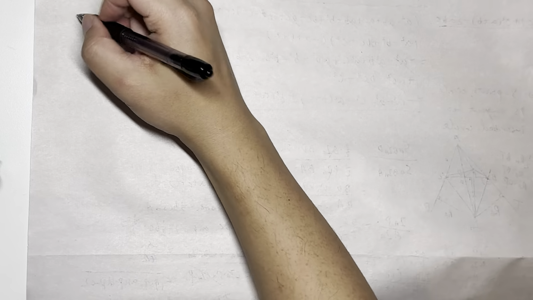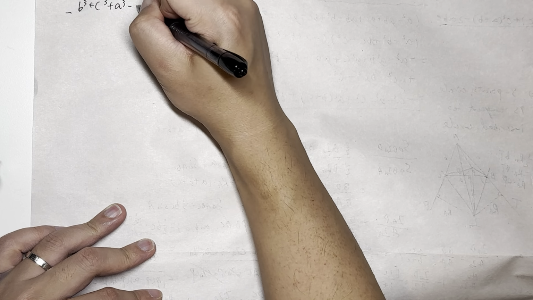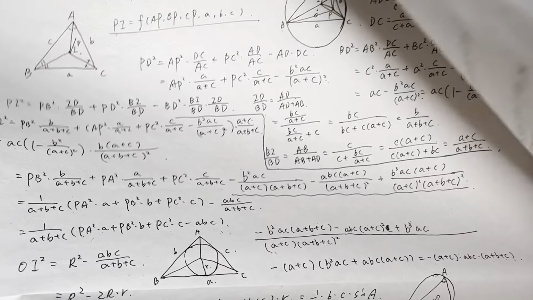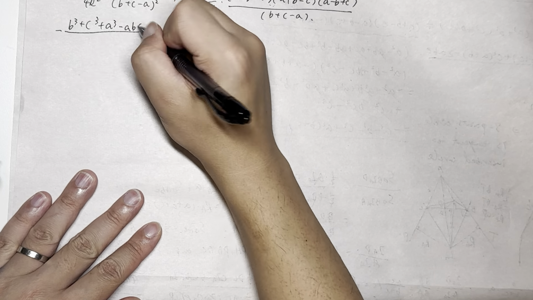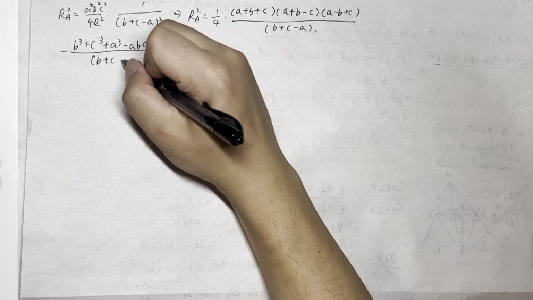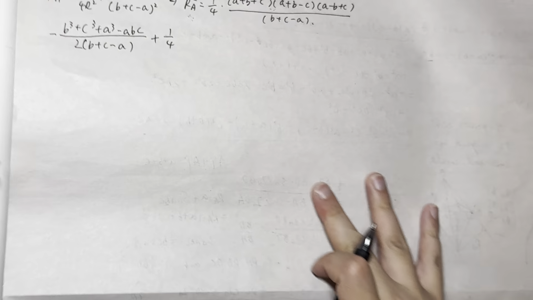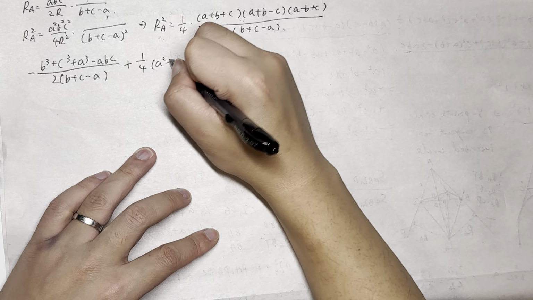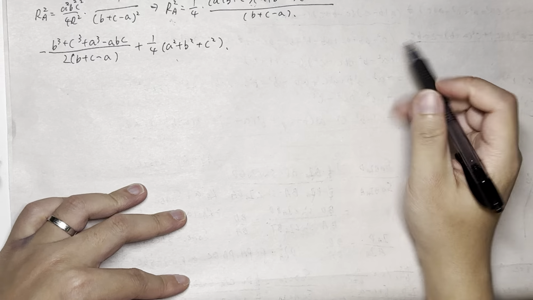So minus B to the power 3 plus C to the power 3 plus A to the power 3 minus ABC divided by B plus C minus A times 2 here, and plus 1 over 4 A squared plus B squared plus C squared, right? We just need to prove these two are equal, right?